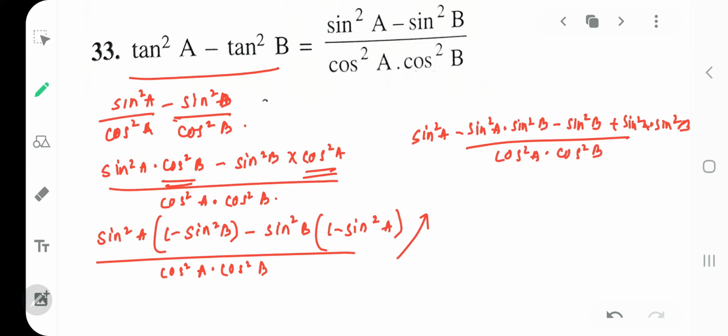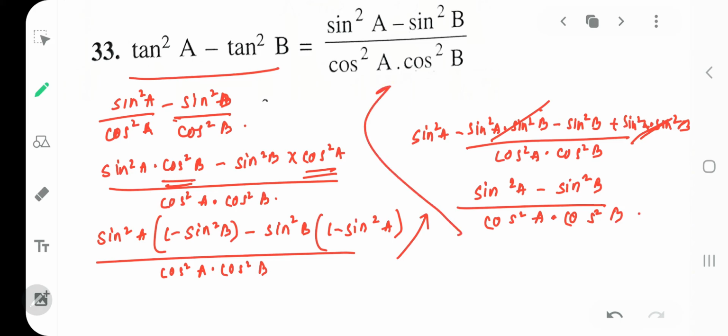Now my dear kids, you will notice that minus sin square A into sin square B plus sin square A into sin square B will cancel. So you will be remaining with sin square A minus sin square B upon cos square A into cos square B. That is the requirement of problem.